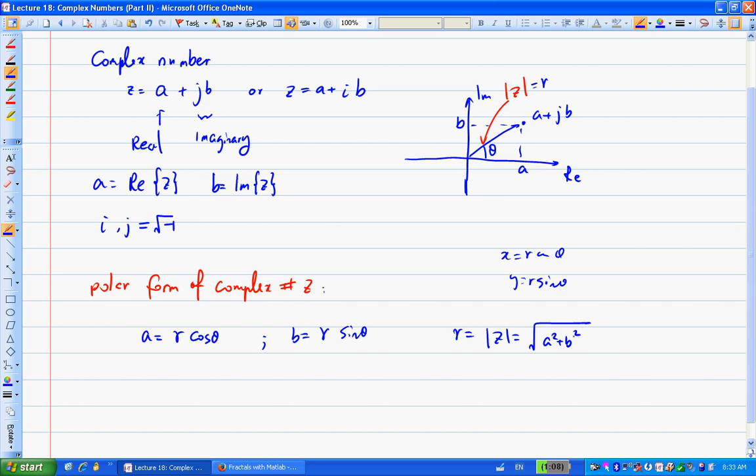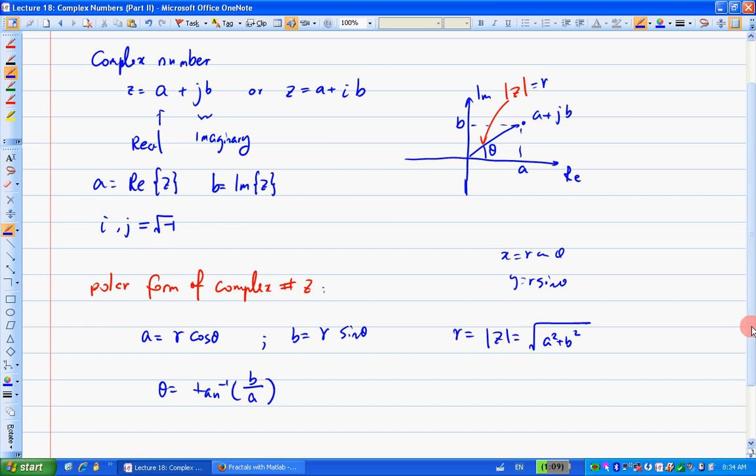And what's the theta? Theta is the angle, same definition. We call it the argument, right, in the previous lecture. So theta is the angle from the horizontal. It's always from the horizontal. If you go counterclockwise, it's positive. If you go clockwise, it's negative. So in this case, our theta basically is tan inverse of b over a.